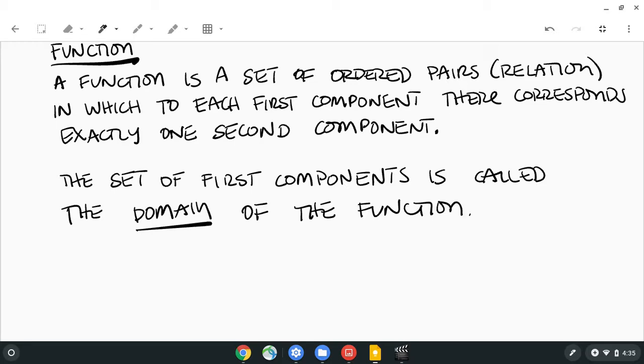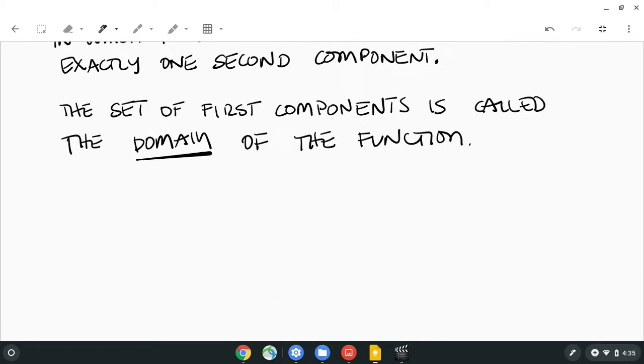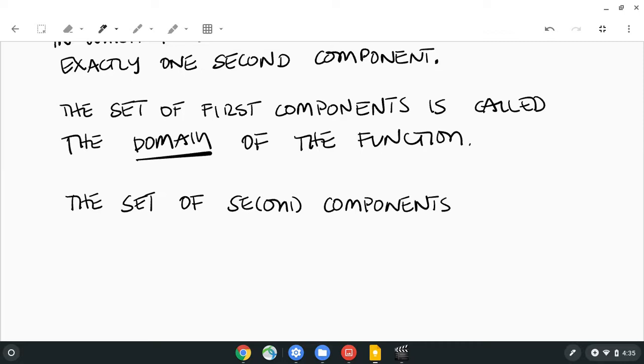Okay, and the set of second components is called the range of the function.